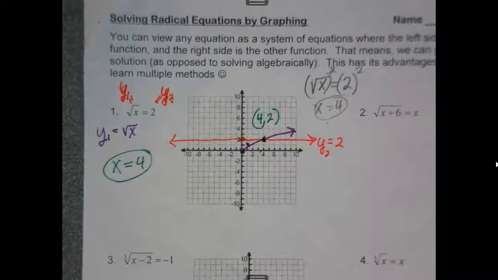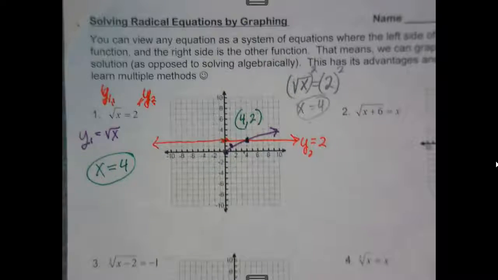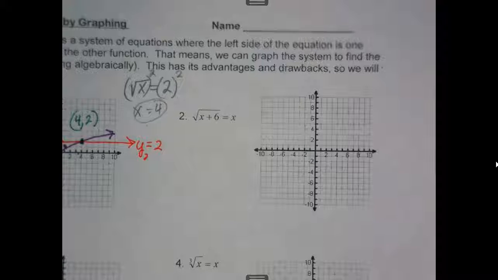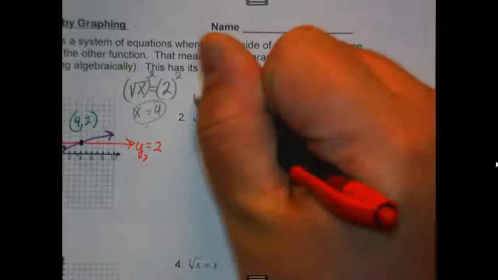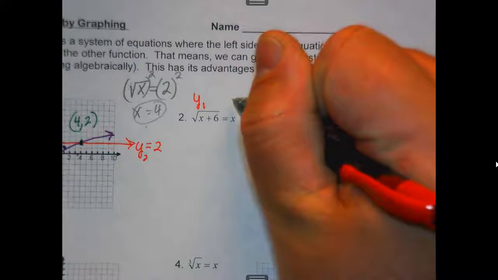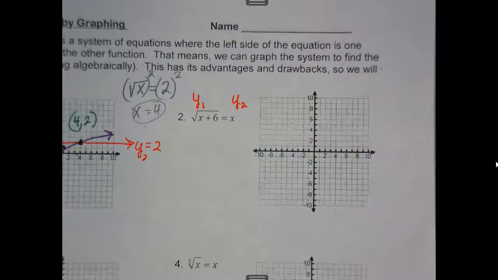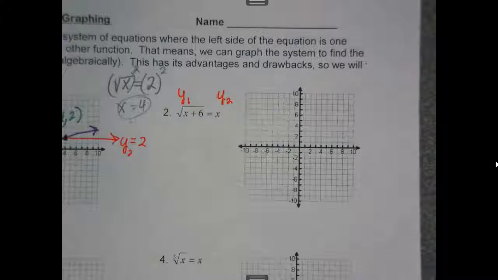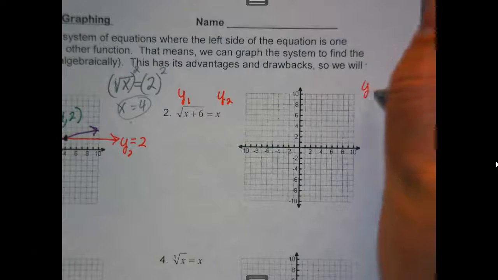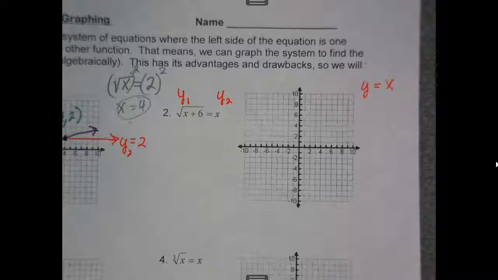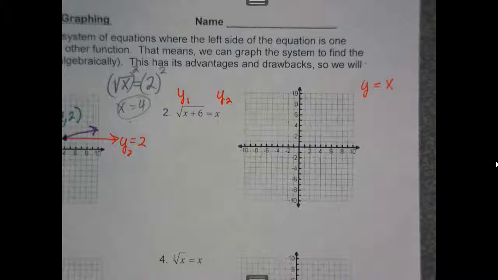Okay. All right, number 2. I have to solve for x. Here's my y1 function. Here's my y2. y2 is y equals x. Does anybody know what line that is? Does anybody know what the line y equals x is?